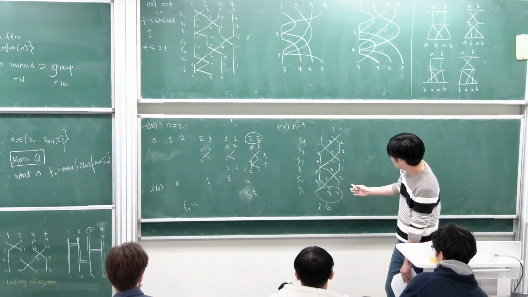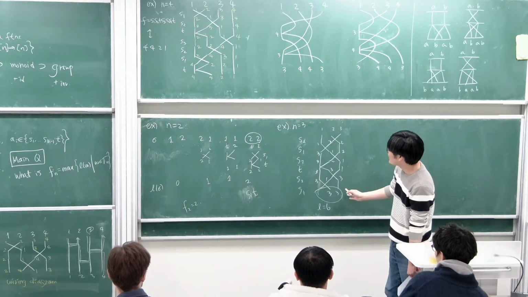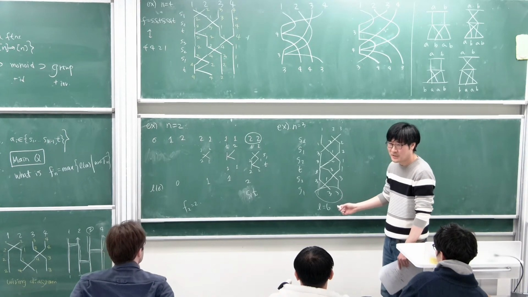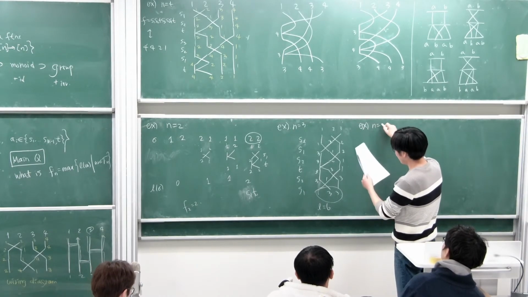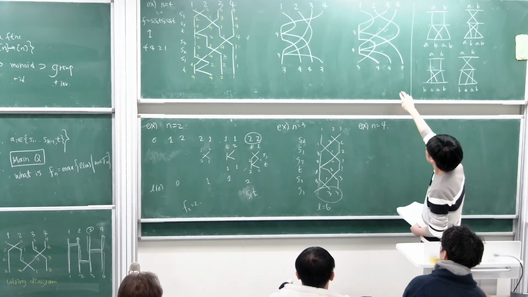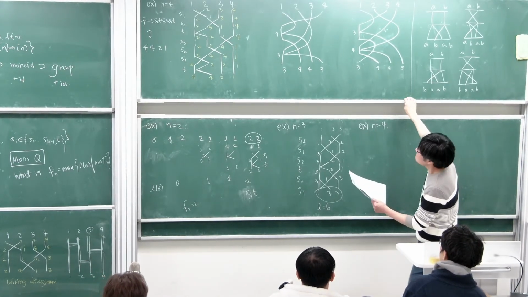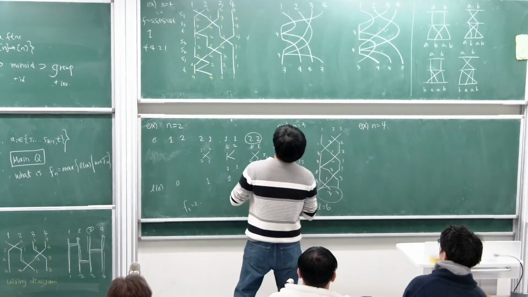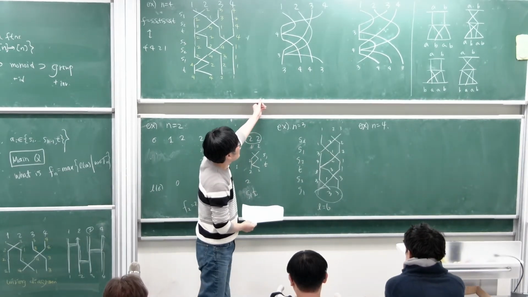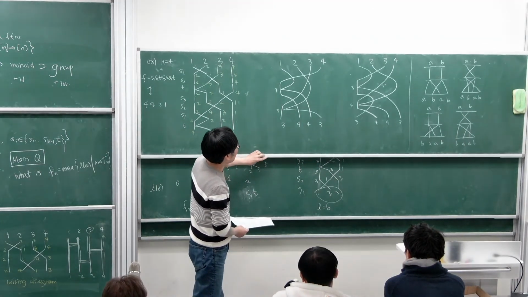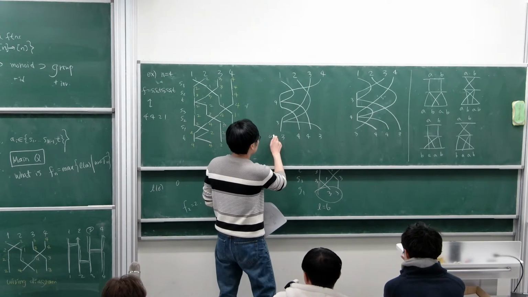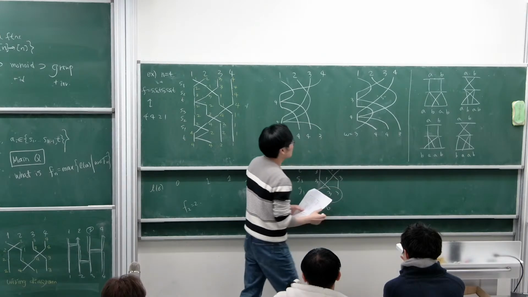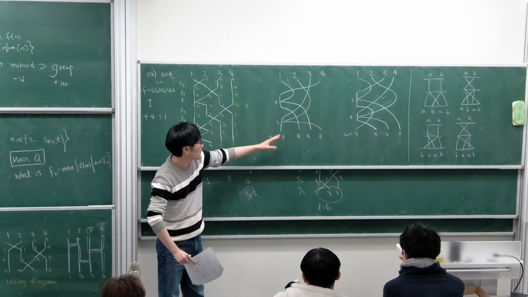So up to this point, you may guess, oh, there will be a unique longest element. That's not true. Here is the n equals 4 case. By the way, the w's are the same, but I drew a different way to merge.